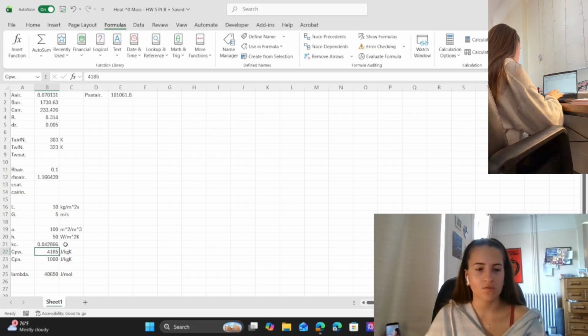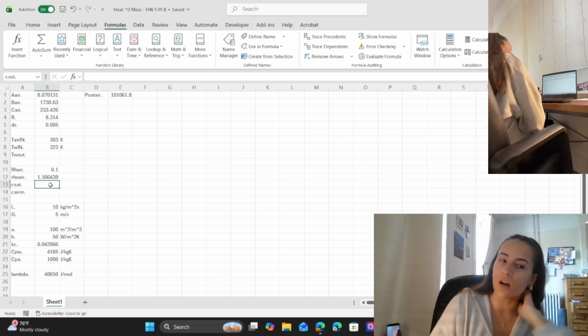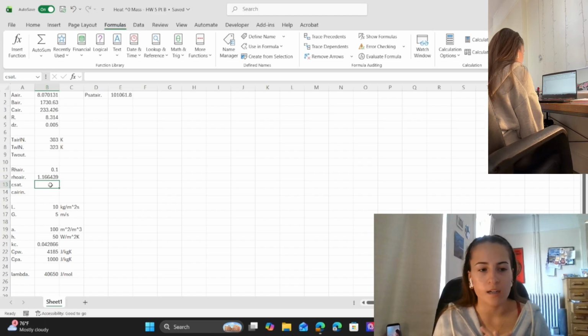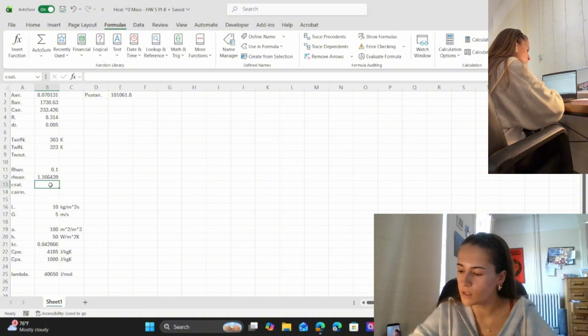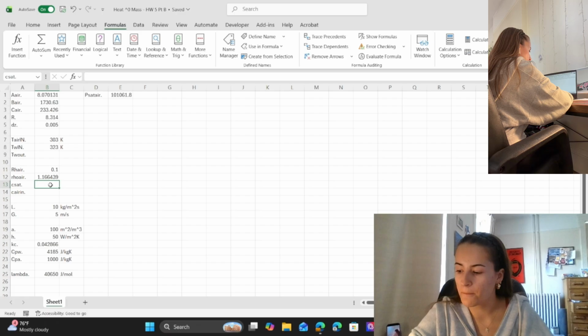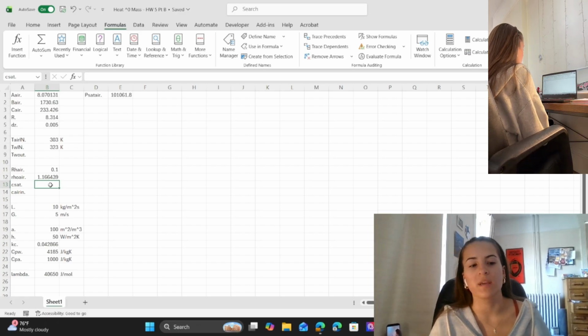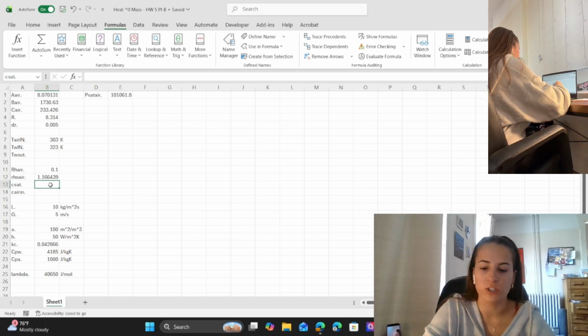And then we have to solve for Csat. So that's the concentration of the saturated air. So that's essentially saying when the air is saturated coming in, what is that concentration?